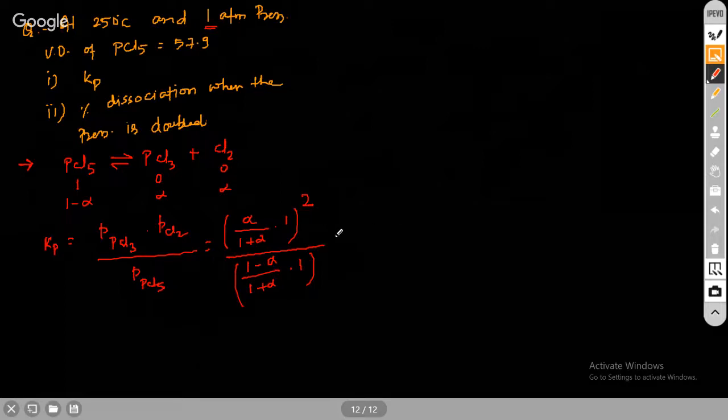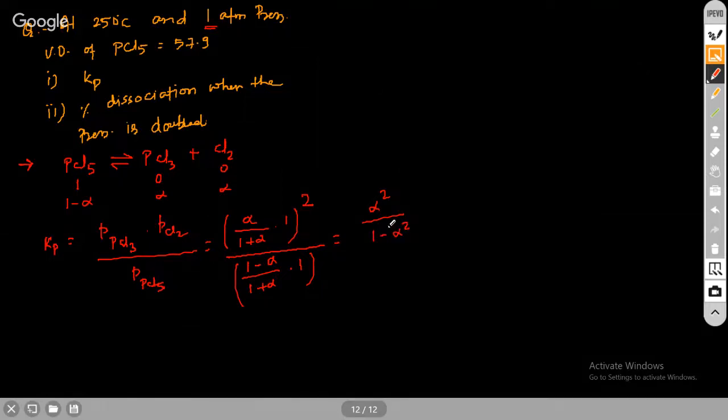And when you solve this, you will get alpha square divided by 1 plus alpha into 1 minus alpha square. Okay, now the point here is you have to find out alpha. If you know alpha, you can find out Kp, and that is the first question.